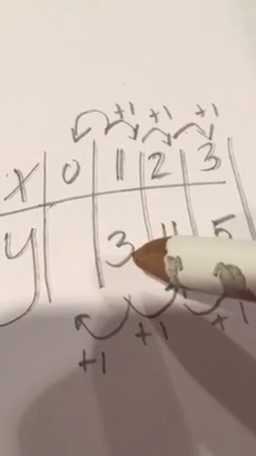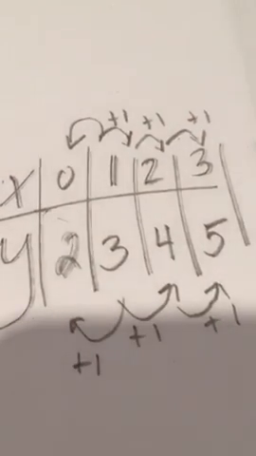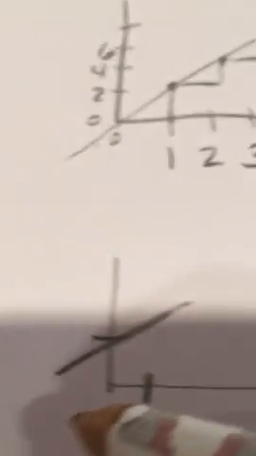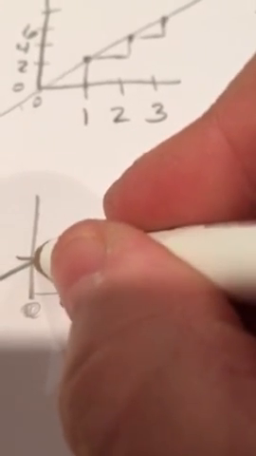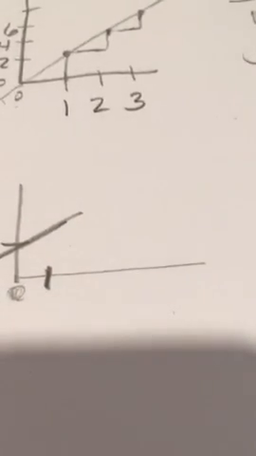I had a number, I added 1 to it, it became 3. I think you can figure out that that number would be 2. So this is not a 0. So down here on my graph, at 0, right here, 0 on my X, I was up 2. That is not a proportion.